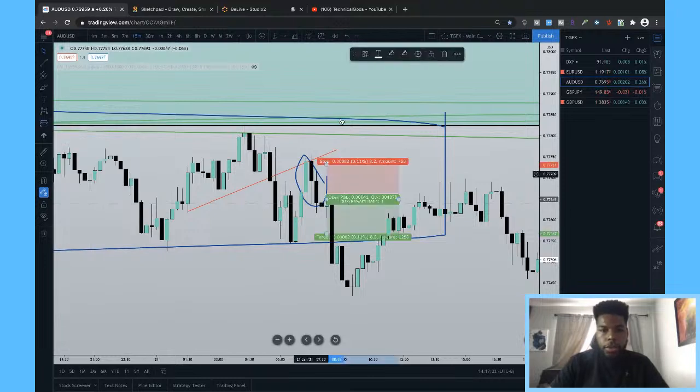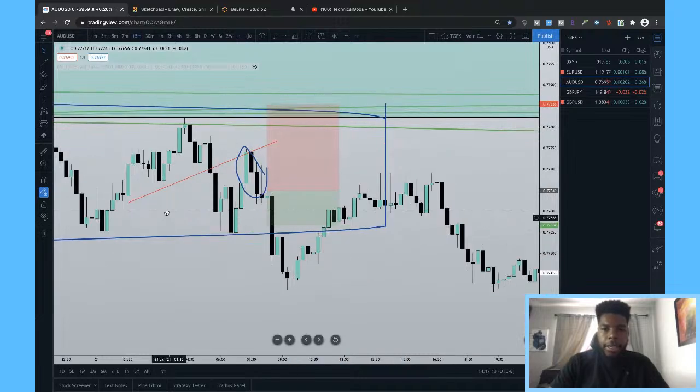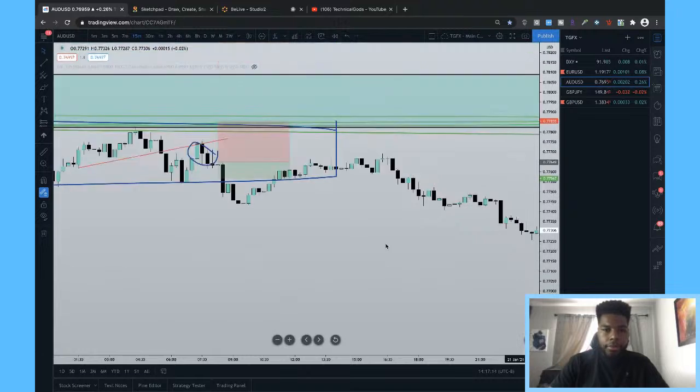All right. So for an example, if we had to enter down here, our stop would have to be at least, I would say, 20 pips above this high right here. But what we can see is that price fell away after.